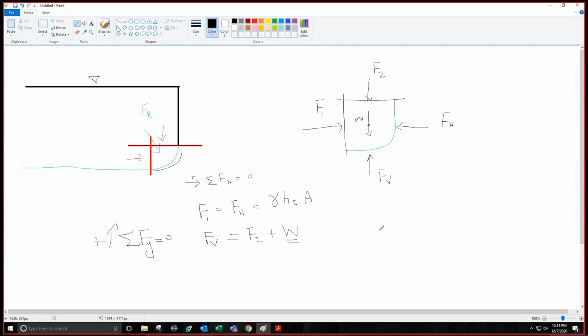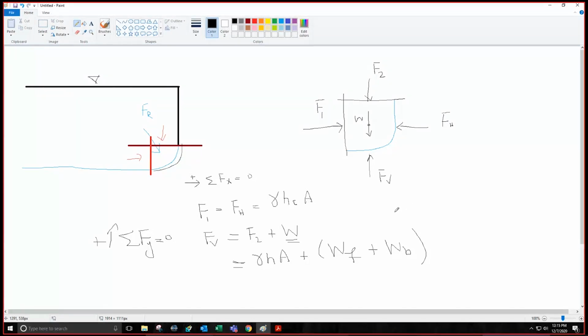So that you will resolve into two components, W1 plus W2, depending upon the weight of the gate and the weight of the fluid. And F2 is the force on this projected surface, which is again gamma h into A, plus W being the weight of the fluid plus weight of the gate or weight of the body. ठीक है, समझ आ गई बात? Is it clear?